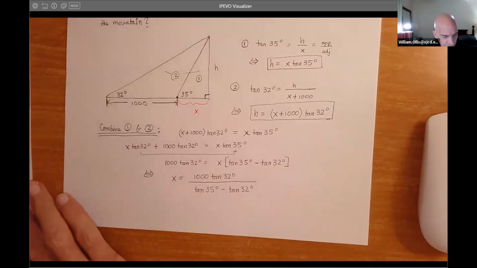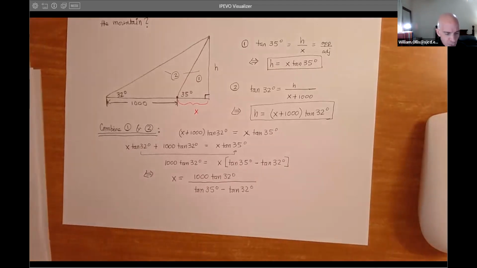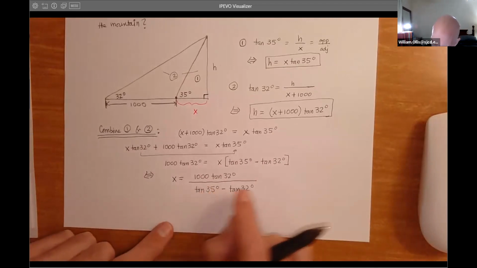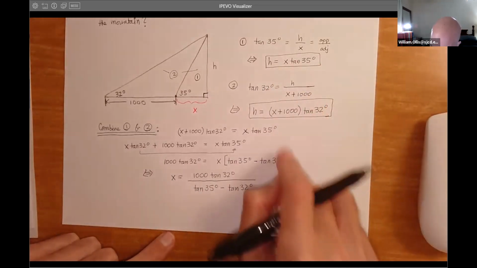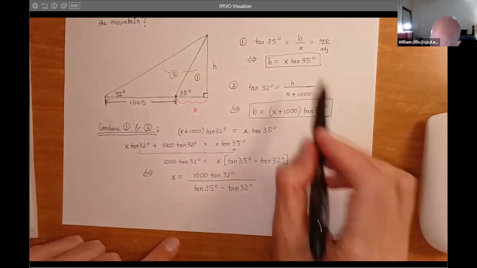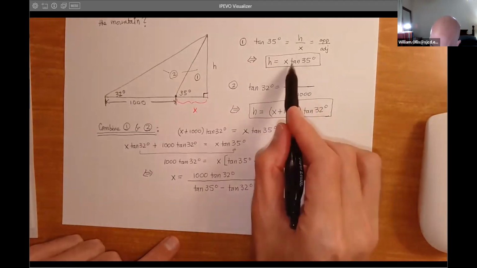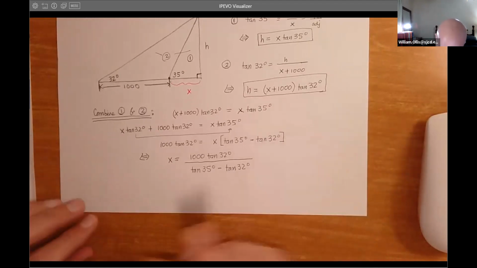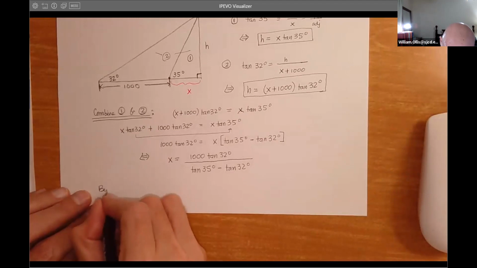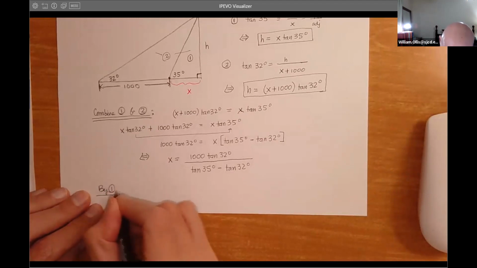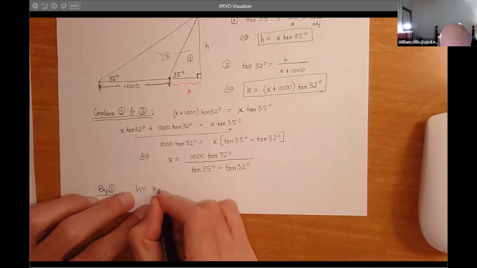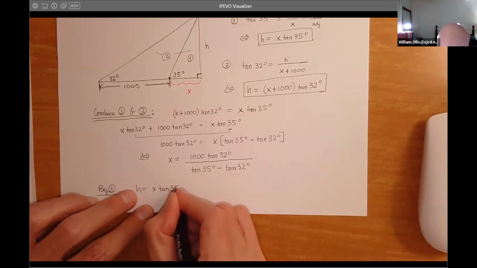Now the interesting thing about this particular problem is this. We've done the hard part. So now we just go back up here and say, well, which will be easiest to use? Well, clearly this one, because if we just multiply x by tangent of 35 degrees, we get h. So we're going to be lazy. And so then h equals x times tangent of 35 degrees.